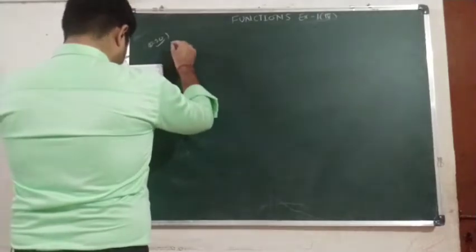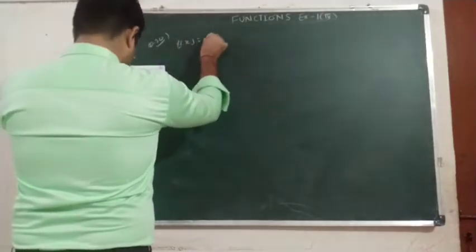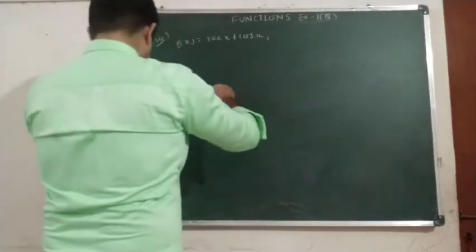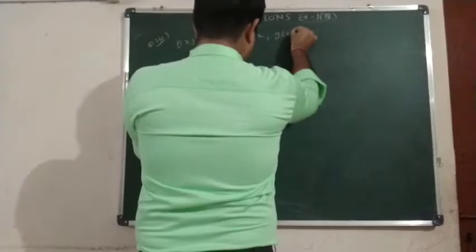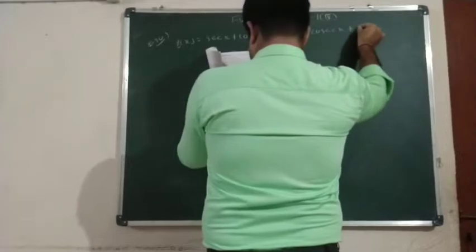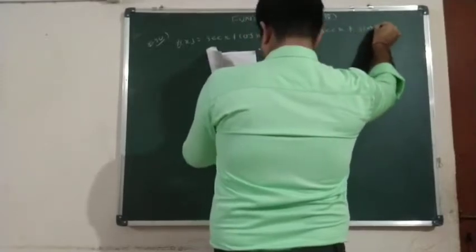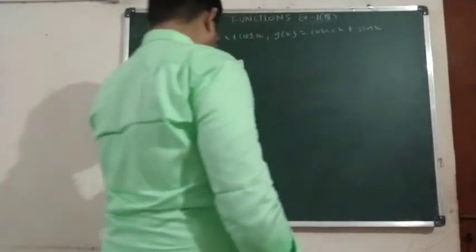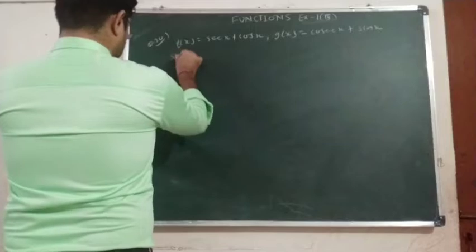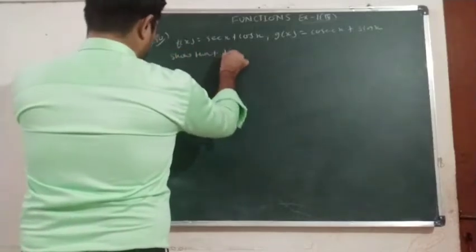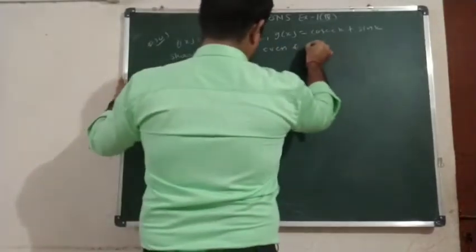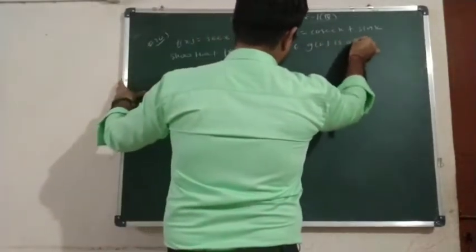Okay, question number 20 is like this. Function f of x is equal to sec x plus cos x is given, and function g of x is equal to cos x plus sin x is given. We have to show that f of x is even and g of x is odd.